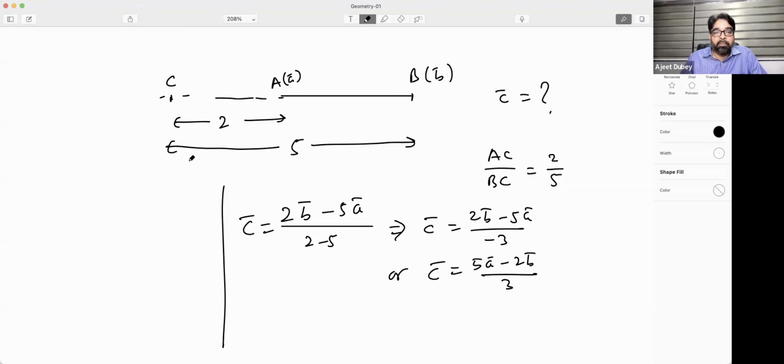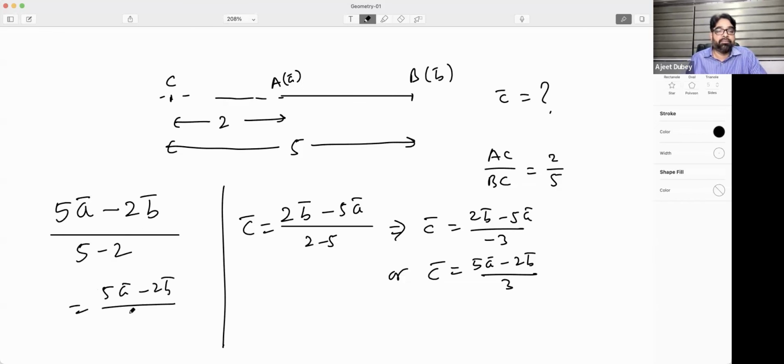B and C. Forget C, because C we have to find. It means 5 is attached with B, correct? So it should multiply with the other vector, meaning 5A. Now come to 2. 2 is attached with what? A. So it should multiply with the other one, 2B. Divided by whatever this minus this, 5 minus 2. So it will come (5A minus 2B) by 3. Is it clear now? Yes, sir.